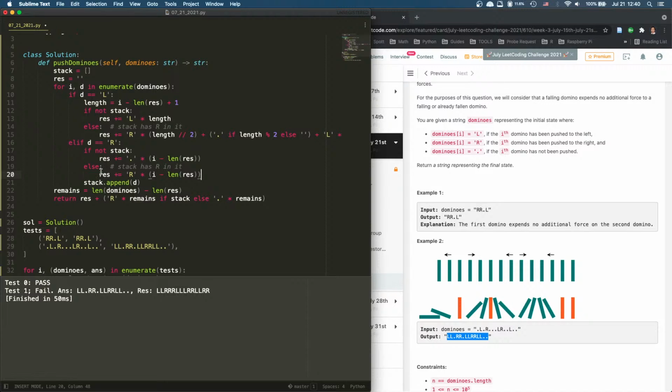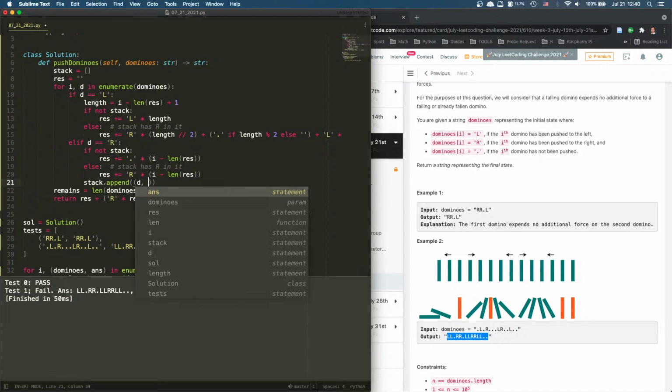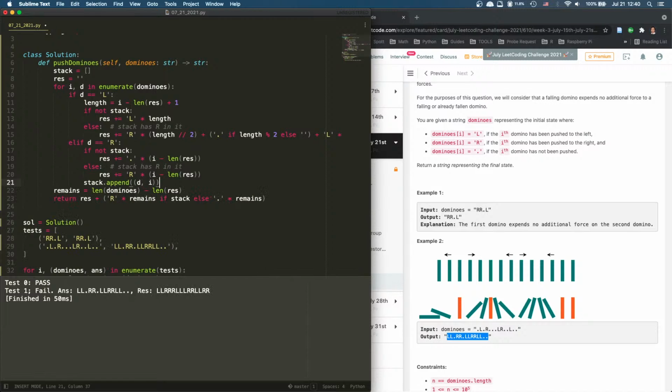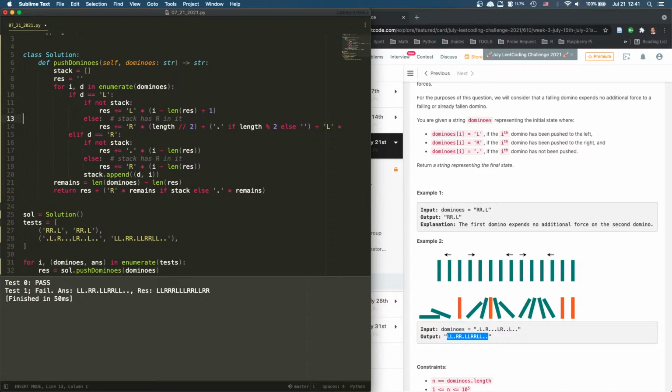And then when we push, it has to be append both things, so append i into it. And if not stack, we have to do this. And let's not do this here.